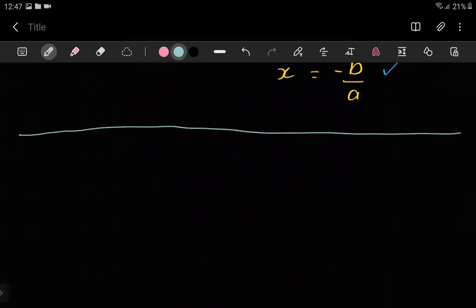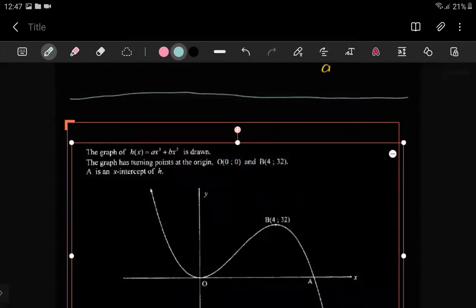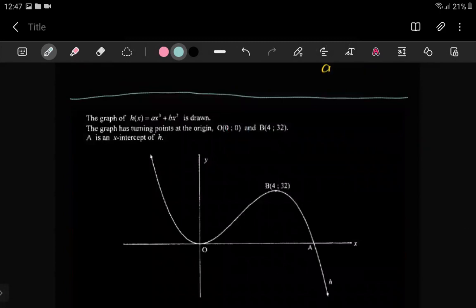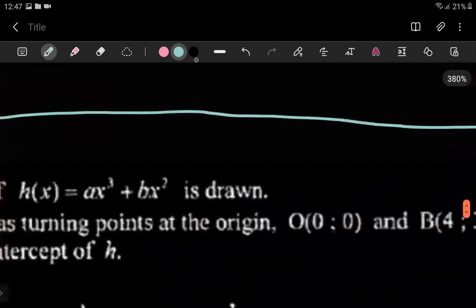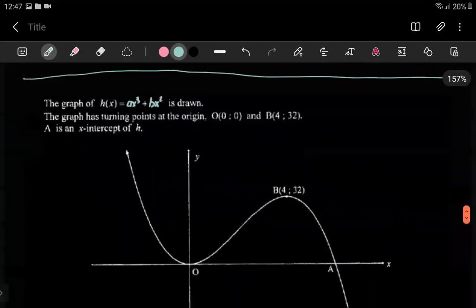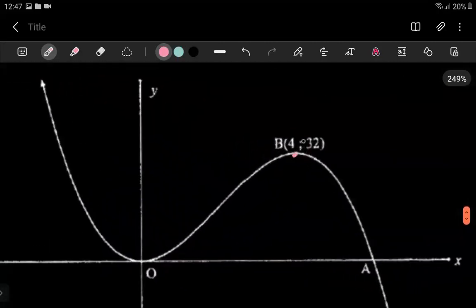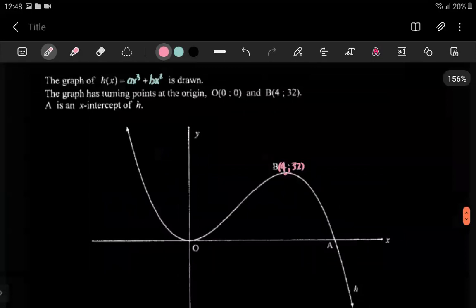This question is not too bad like the others. Normally if you had three variables to work out, factorizing and so on may be valid. But here we're given something more valuable, a turning point and its actual coordinate.